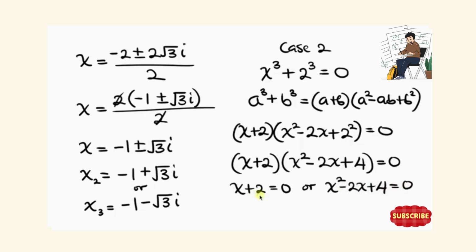So the first case is easy for us to find. So x will be equal to, moving plus 2 to the right hand side, we have minus 2. Now we're going to be solving the second case using the quadratic formula, since we have a quadratic equation.